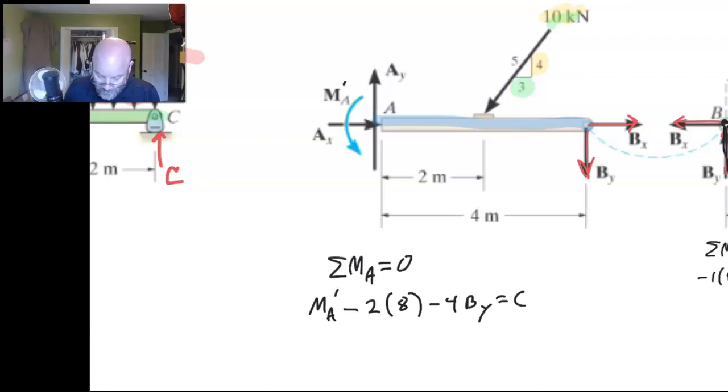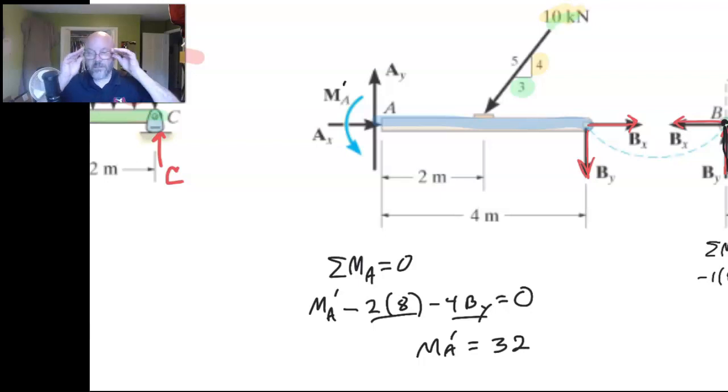BY, just like that. 2 by 8, 16. 4 by 4 is another 16. And so MA prime is actually 32. It's actually 32. And if we didn't need a MA prime, then we would have gotten 0 out of that thing, and we would have been like, well, that was a waste.